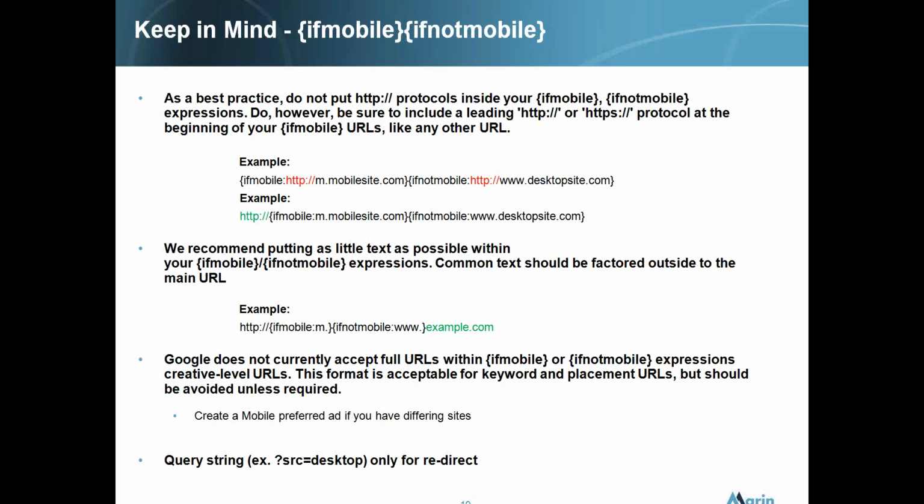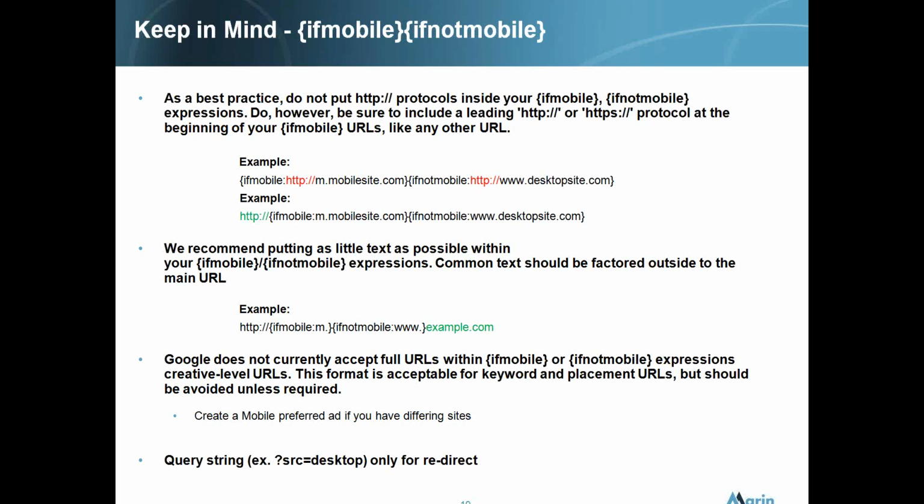Another thing to keep in mind is that the if mobile, if not mobile expressions with a full URL, so that would be this example up here with the whole site all the way to the .com inside of the parameters, is not supported for creatives. You can, however, use the example below here where there is just the M and the www in the parameter for creatives.